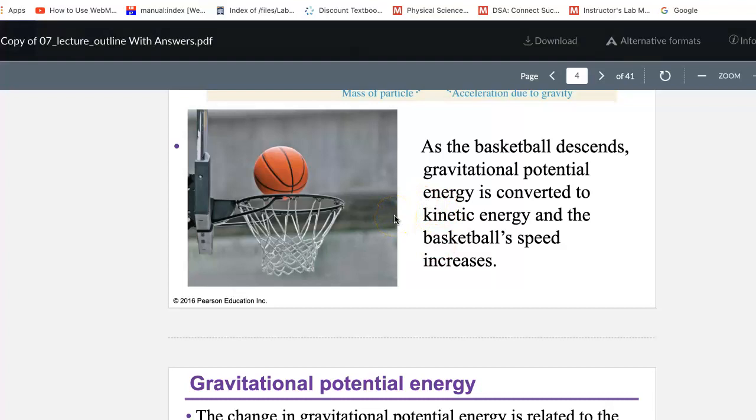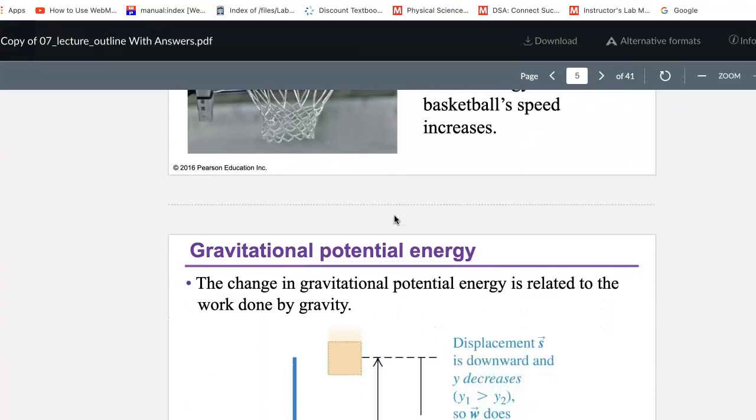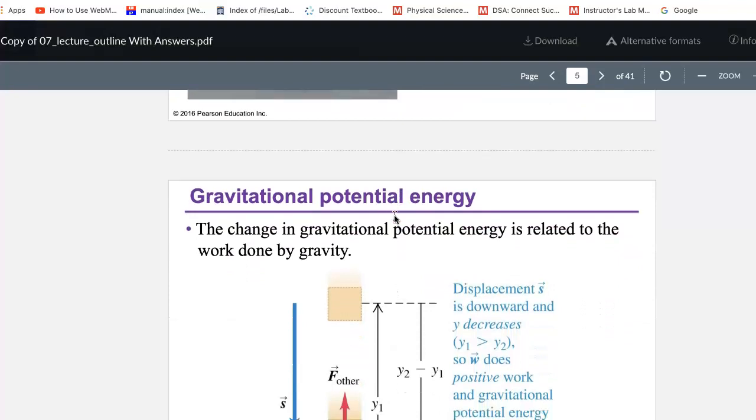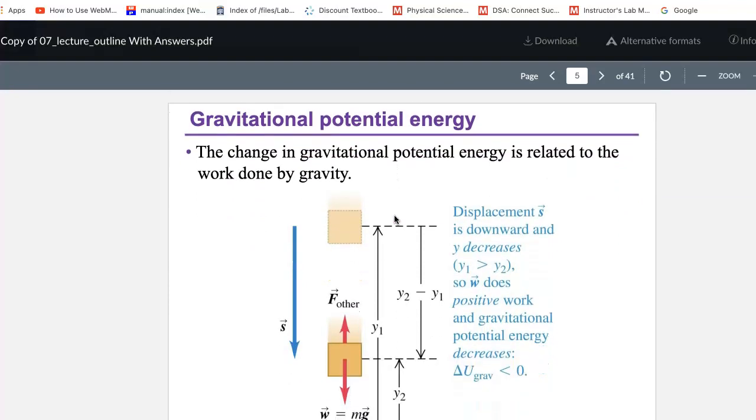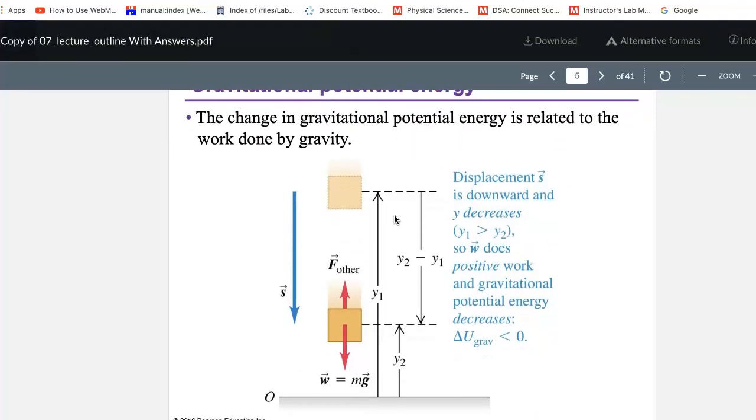As this basketball is descending or moving downward, the gravitational potential energy is decreasing because y is decreasing, and of course we will not say it is lost, it is converted into kinetic energy, and this is going to be reflected on the basketball as its speed increases.